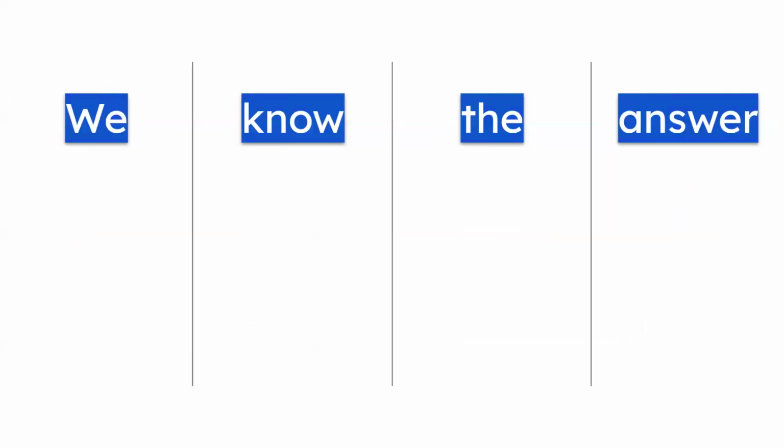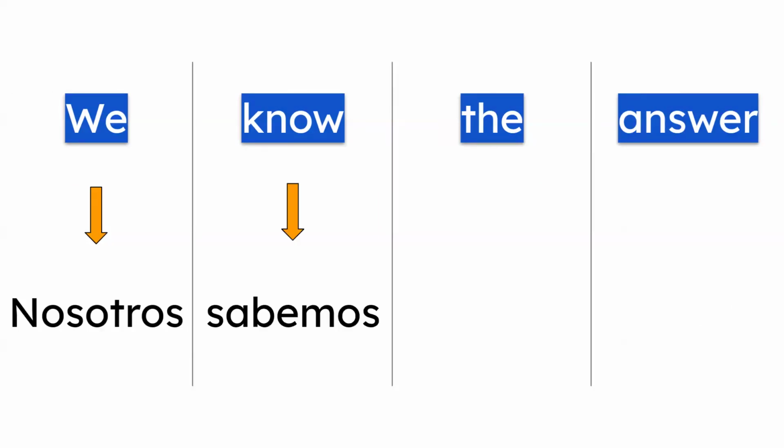Next, we know the answer. Again, we know some information. And that's why we use saber. So we, nosotros, know, nosotros sabemos, that's right, the answer. Answer is feminine, so the goes la.